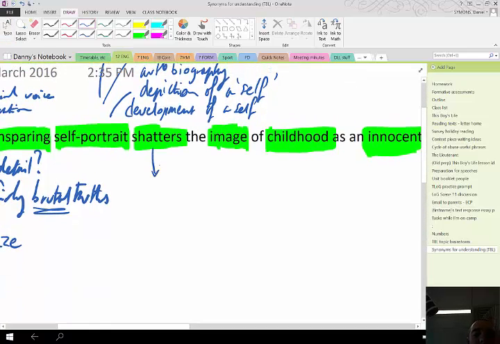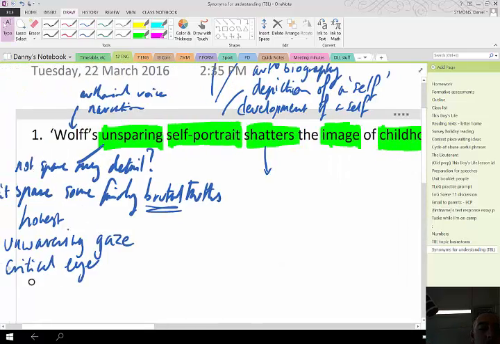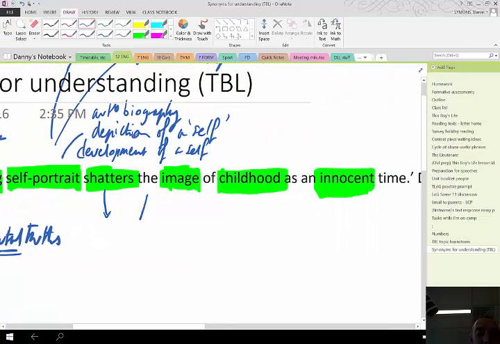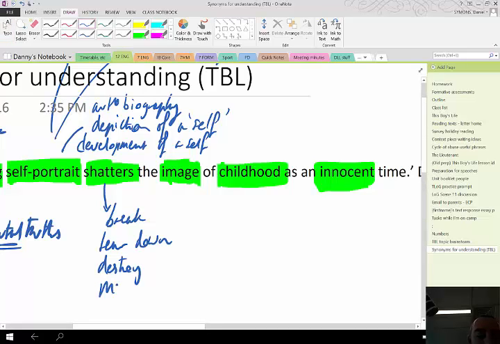Shatters. Now, I think this is one of those words that most people would just gloss over. Shatters is a really strong and evocative word. To shatter is to break, and this will help us to decide how we're going to position ourselves in this topic. Break, to tear down, to destroy, to mar.